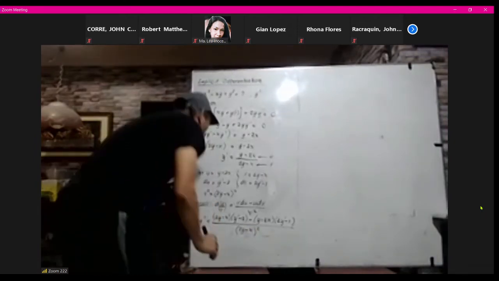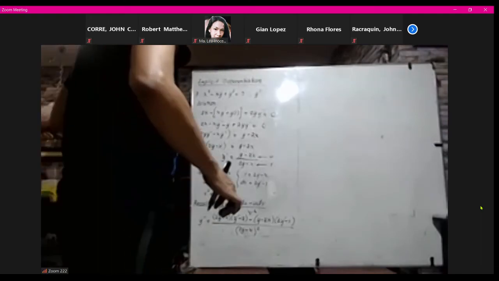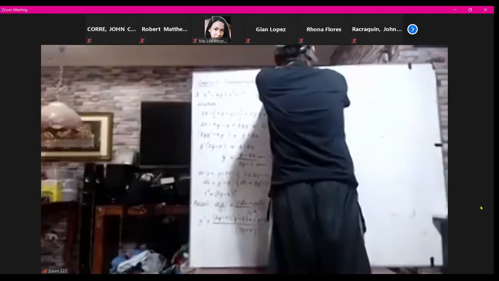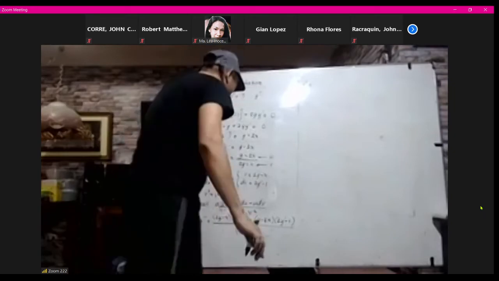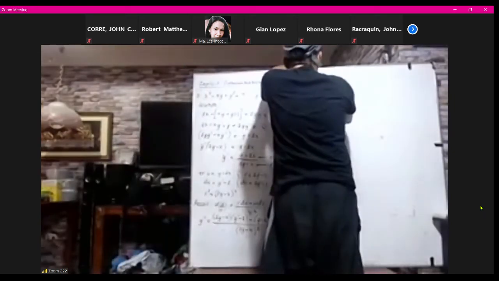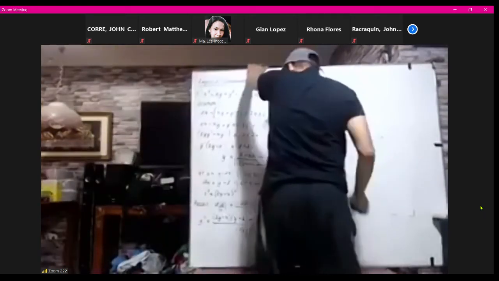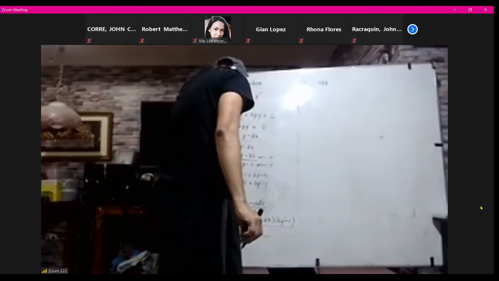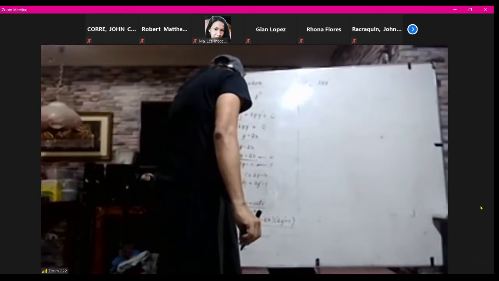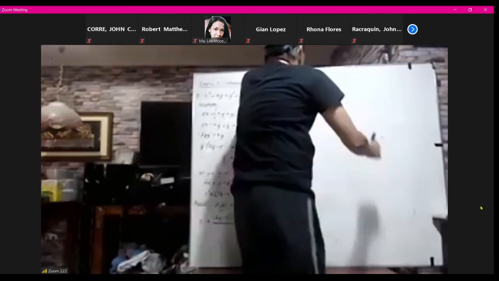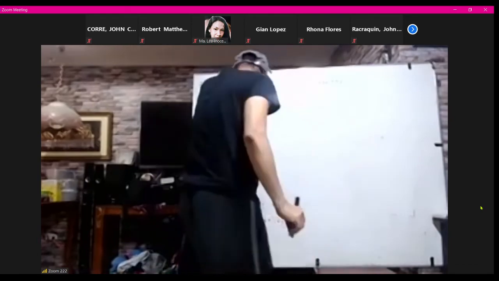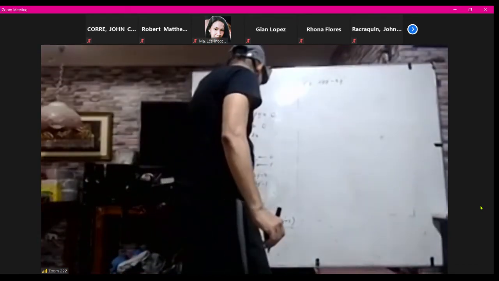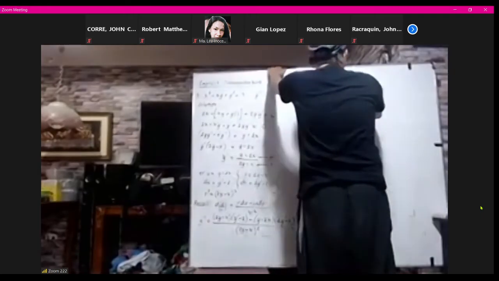So, ang gagawin natin, expand natin siya. Okay, we have the second derivative of y is equal to, okay, y prime times 2y equals 2y y prime. Okay, then negative x times y prime is minus xy prime. Okay, then negative 2 times 2y is equal to negative 4y.